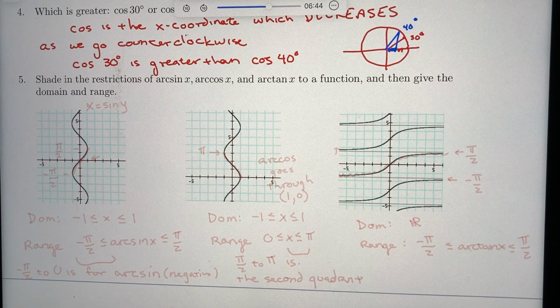Okay, this must be arc sine, or at least x equals sine y. In order to get arc sine, it must be sine rather than cosine because it goes through the origin. Cosine, remember, goes through 0, 1, so arc cosine goes through 1, 0.